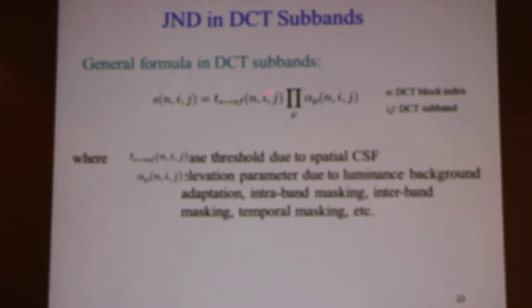Okay, then firstly, the base factor is due to the spatial CSF, the frequency response. And then all the other factors are multiplied to elevate the JND in a certain sense. But of course, there is no convincing proof that all the factors should be multiplied together. I do not have this proof.